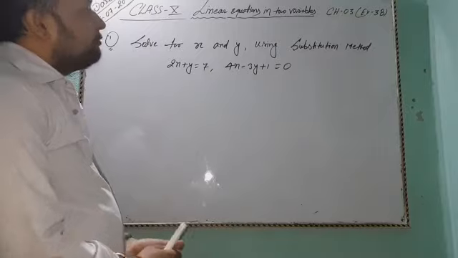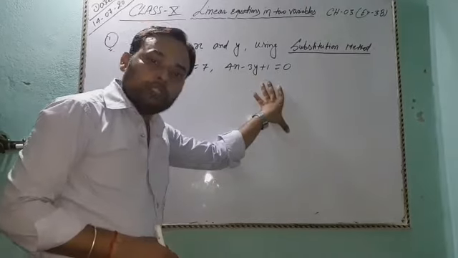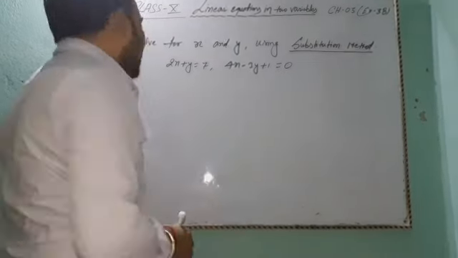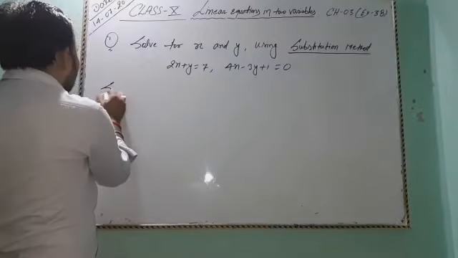Our first question: solve for x and y using the substitution method. 2x plus y equal to 7 and 4x minus 3y plus 1 equal to 0. So let's start. Solution.